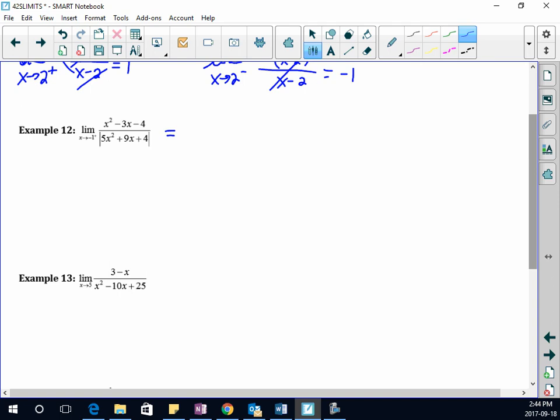What's the first thing you should try to do when it looks like this? Factor it, yeah. So the limit as x goes to negative 1, what's the top factor to be? X minus 4, x plus 1? Okay, I'm going to leave this in the absolute value sign for right now. Can anybody tell me what this factor is to be?